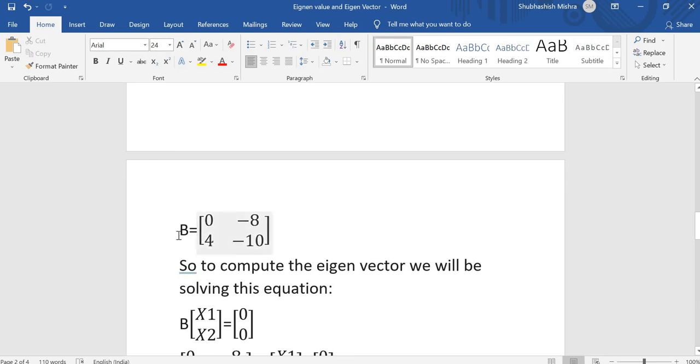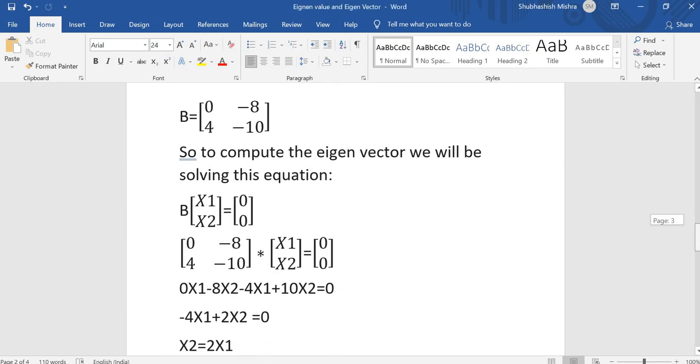Okay, so we consider this matrix as B. Now we have to compute another equation to find the eigenvector for us. So we take x1 and x2 as a matrix, and then we multiply it with the existing matrix B. So it's nothing but a 2 by 1 matrix. Now the value of B is 0, minus 8, 4, minus 10.